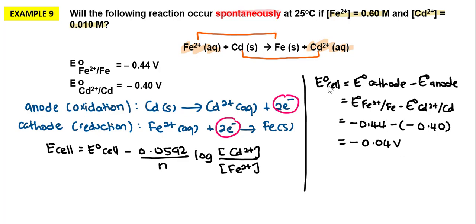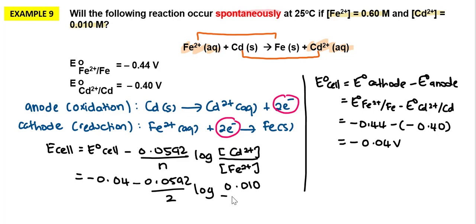Since this reaction is not at standard state, we cannot predict the spontaneity of the cell by looking at the E naught cell value. So we have to compare the E cell value. So substitute the value: negative 0.04 minus 0.0592 over 2 times log concentration of the cadmium ion, which is 0.010, divided by concentration of the iron ion, 0.60.